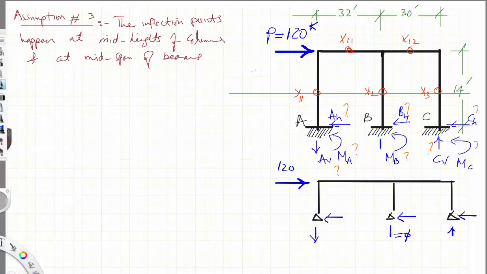So this assumption will help us to break this frame into two parts, and once you get the first part done, the second part is easy to do, and we'll demonstrate this in an example. So this is how I get these three assumptions, and I'll use them in an example in the next session.